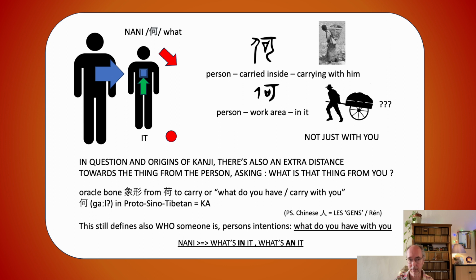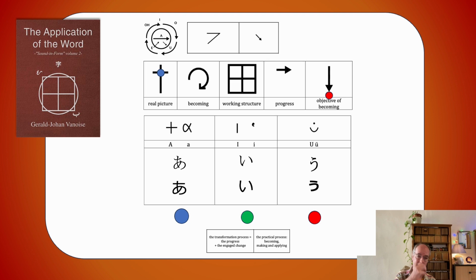Let's compare now the general background in the words with a couple of letters. I'll give you something from the book. The book, The Application of the Word, also describes the structure. The structure in the language has also this yin and yang process of evolutions, and you have something that you pinpoint, which is the thing, the real picture.